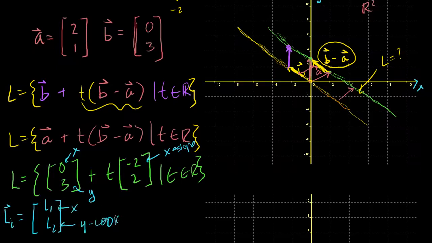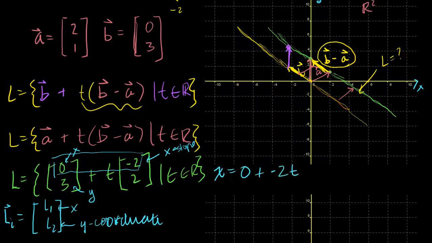And just to get this in a form that you recognize, we're saying that L is a set of this vector plus t times this vector b minus a. If we wanted to write it in a parametric form, since this is what determines our x coordinate, we would say that x is equal to 0 plus t times minus 2, or minus 2t. And since this is what determines our y-coordinate, y is equal to 3 plus t times 2, so 3 plus 2t.